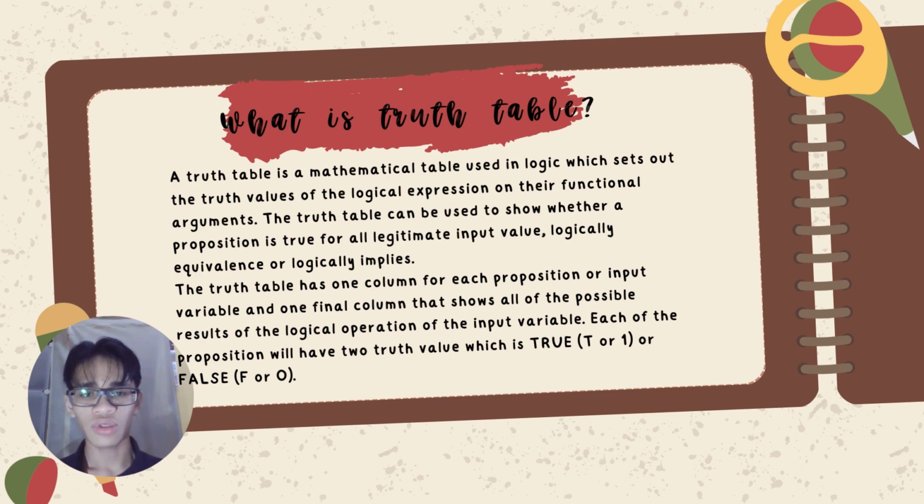The truth table has one column for each proposition or input variable, and one final column that shows all of the possible results of the logical operation of the input variables. Each proposition will have two truth values, which are true or 1, or false or 0.